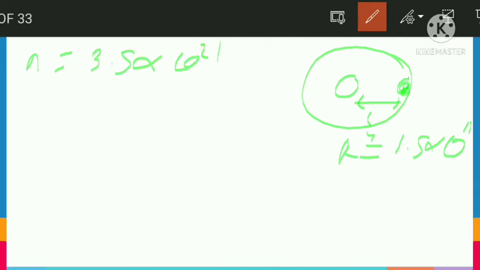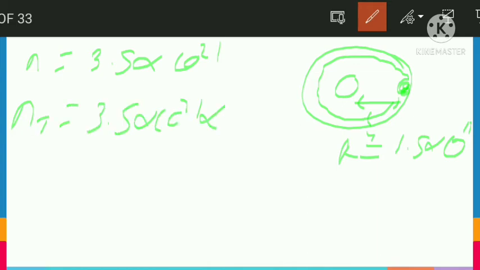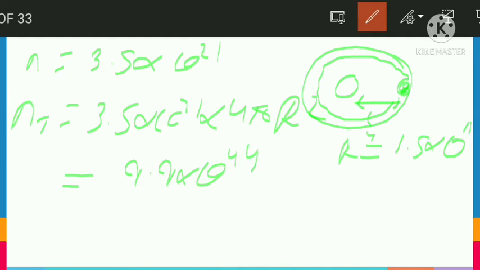By symmetry, each square meter will have the same, so the total number of photons will be N total equals 3.5 into 10 to the power 21 into surface area 4 pi r square. Just solving this, we get a total number of photons of 9.9 into 10 to the power 44. This is the total number of photons emitted by the Sun. So friends, I hope this question is clear to you, so we can move to our next question.